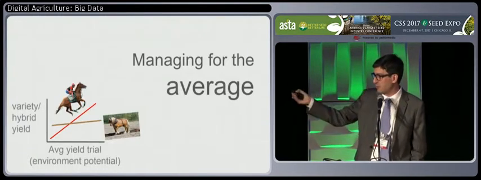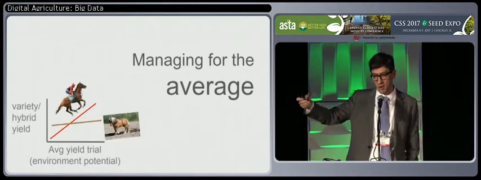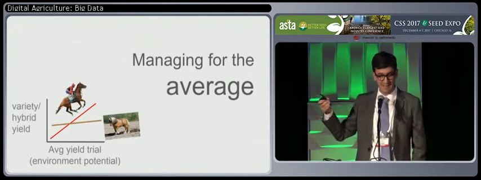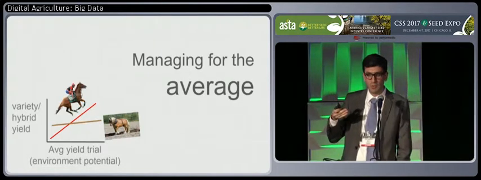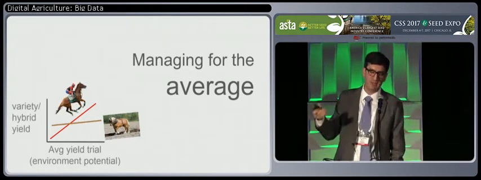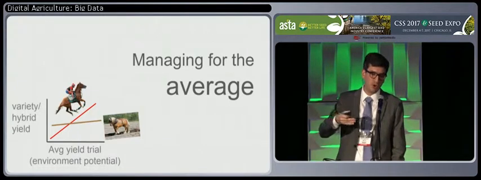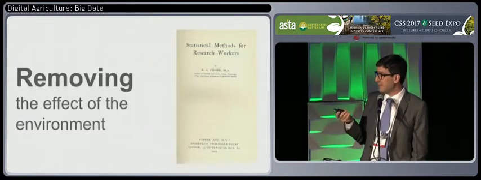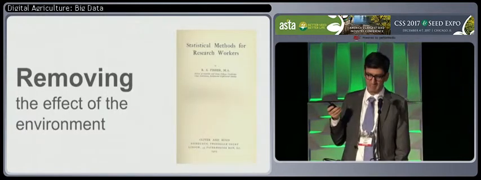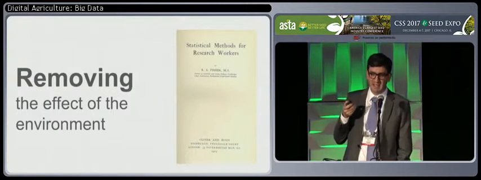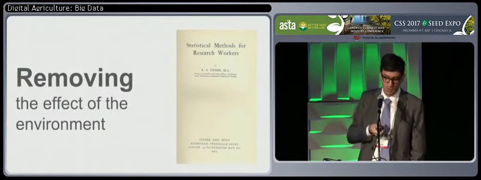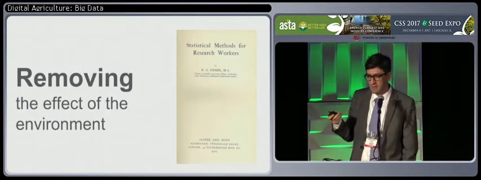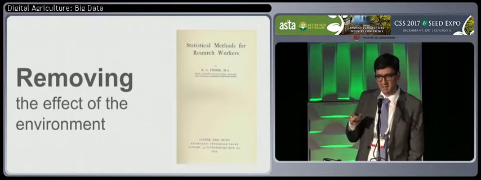In this case, for example, if we are looking at the x-axis in the lower side, and this is a made-up graph, as you can tell, we should be able to tell what's the actual limitation of that environment, not just that it's a poor or lower production environment. And I think that this idea of managing for the average is still linked to the way in which we agronomists were taught how to conduct field trials, which is actually linked to the way we do statistics also.